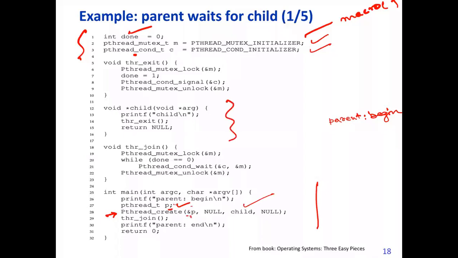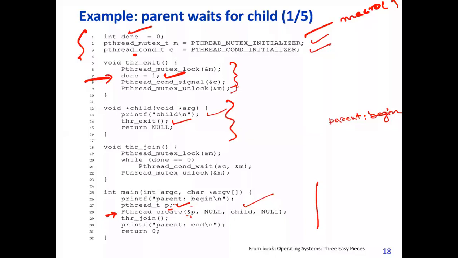It's very simple. The child will print child, and then it will call a routine called thread_exit. And this thread_exit will change the value of done to 1. This is put inside a lock, the mutex lock, such that there is no race condition.